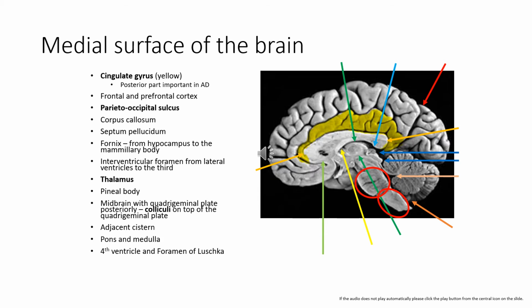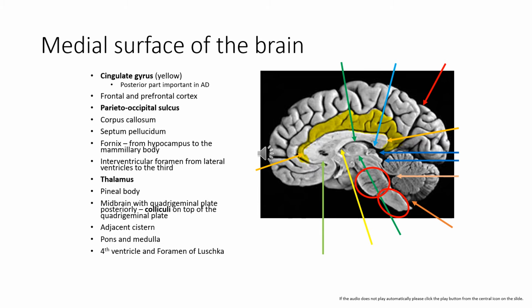With the first red circle, we show the pons, and with the second red oval, we show the medulla of the brain stem. Posterior to the pons, between the pons and the cerebellum, is the fourth ventricle, that's going to connect via the aqueduct, which is a very thin structure, through the midbrain to the region of the interventricular septum.